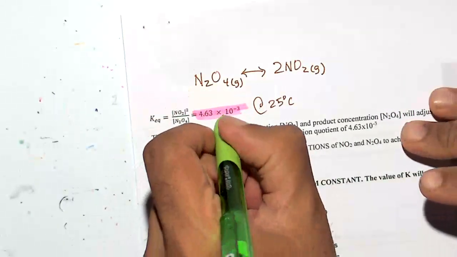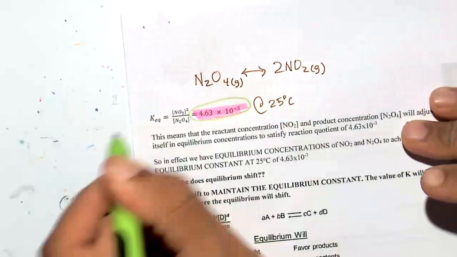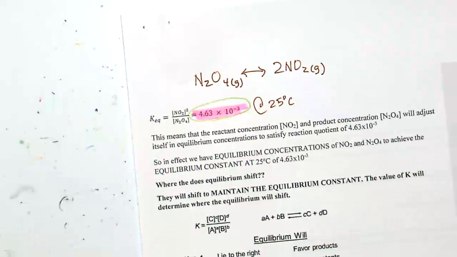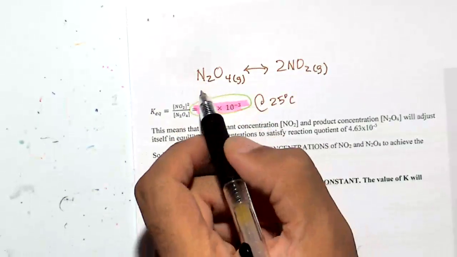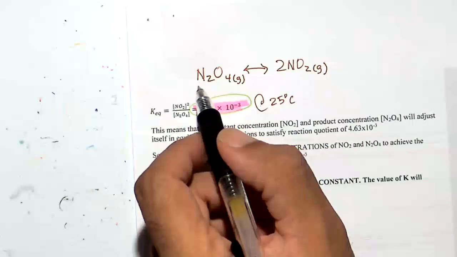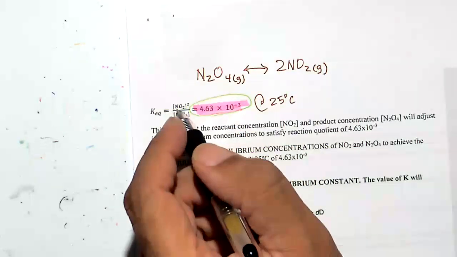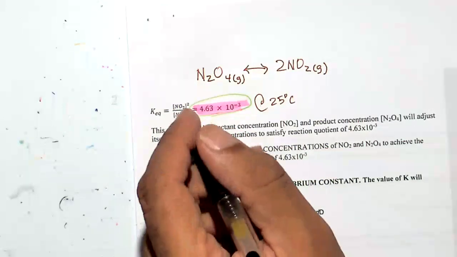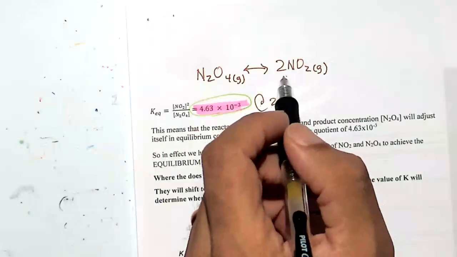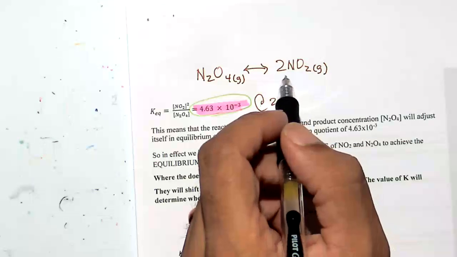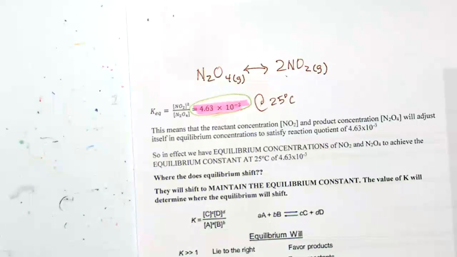When this reaction is complete, will we have more products or more reactants? What is more favored? 4.63 times 10 to the minus 3. We would have more reactants. We favor more reactants. You're right, we will have products, but which will we have more of?